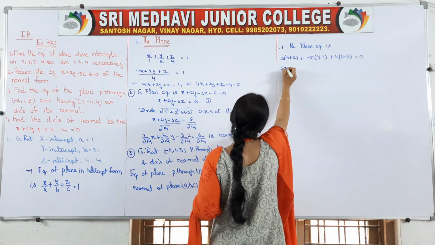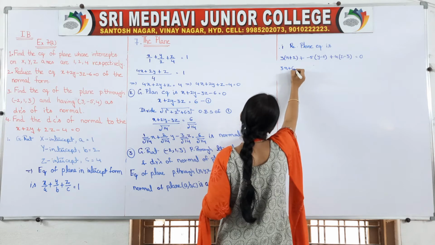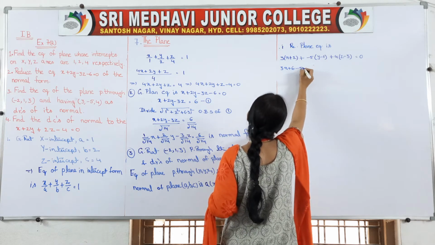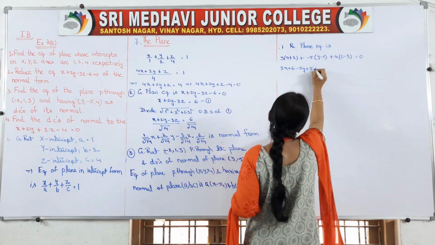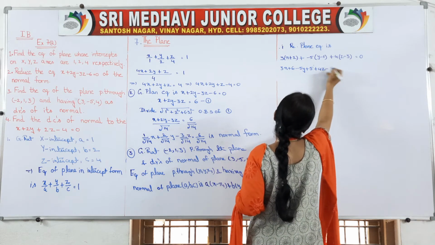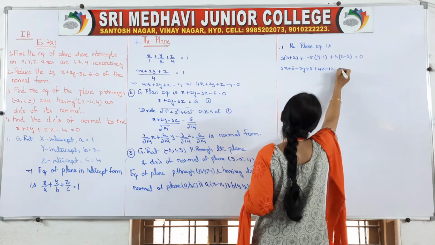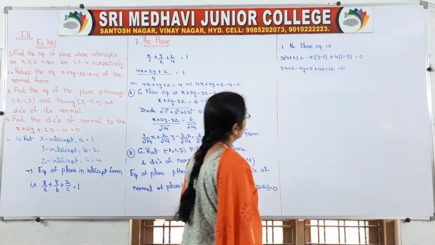So it is 3x plus 6, minus 5y plus 5, plus 4z minus 12 is equal to 0.